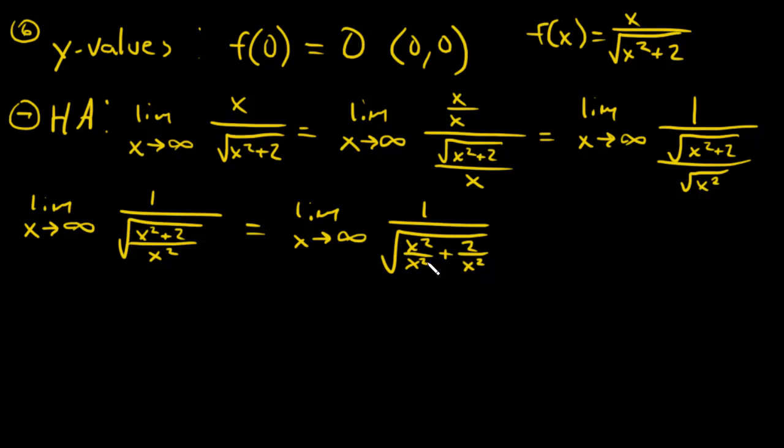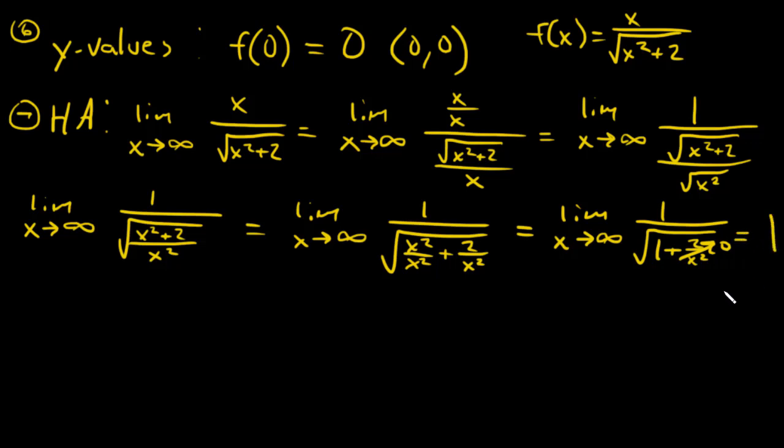Now I can apply the root if I want. I guess I have to do one more simplification: limit as x approaches infinity of 1 over big root 1 plus 2 over x squared. Alright, now I apply the limit. This term goes to 0. The others don't. I'm going to be left with 1 over root 1, which is positive 1.